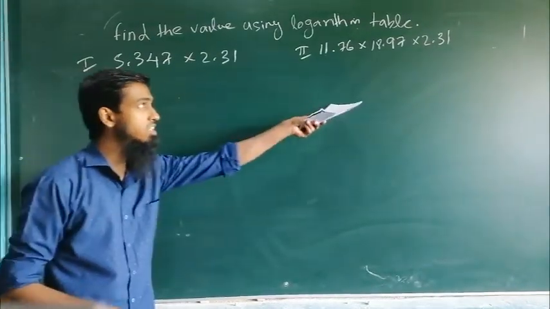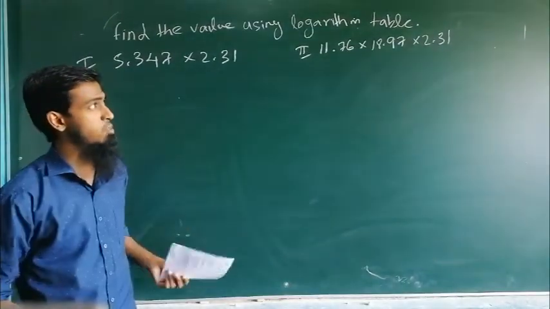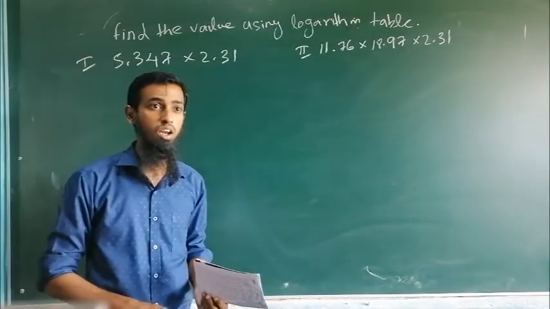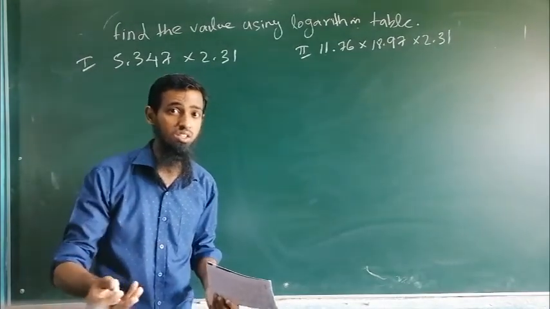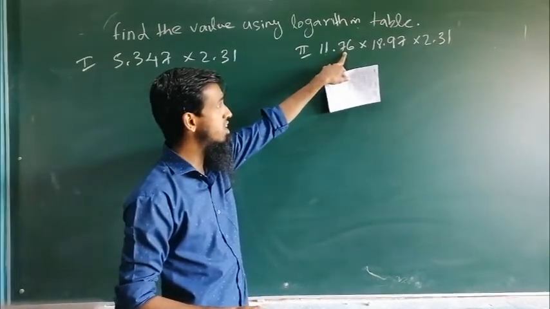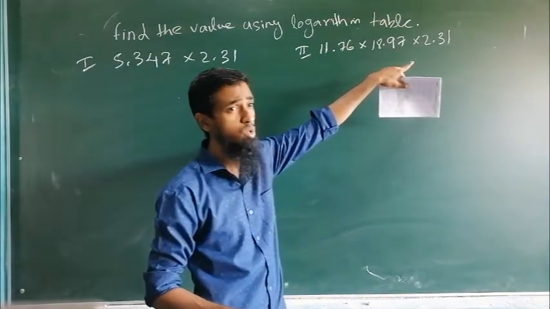What about the second question? What about your argument? We can multiply it, but it takes some time. Errors can occur while we multiply, because the first number has 2 decimals, the second has 2 decimals, and the third has 2 decimals.